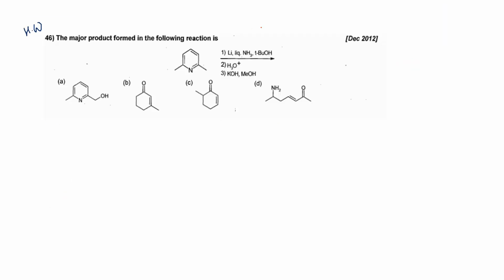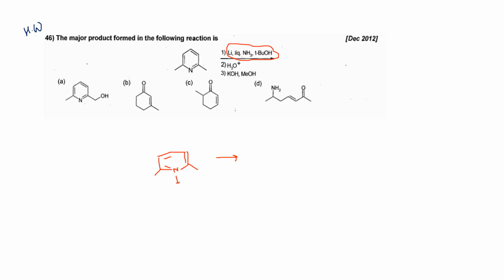From the reagents you can see this is a Birch reduction. In case of pyridine, this nitrogen is trivalent.